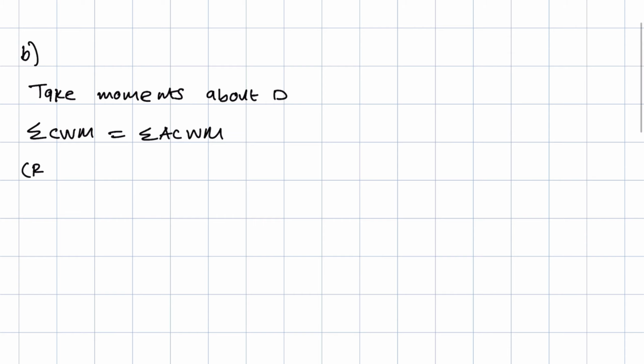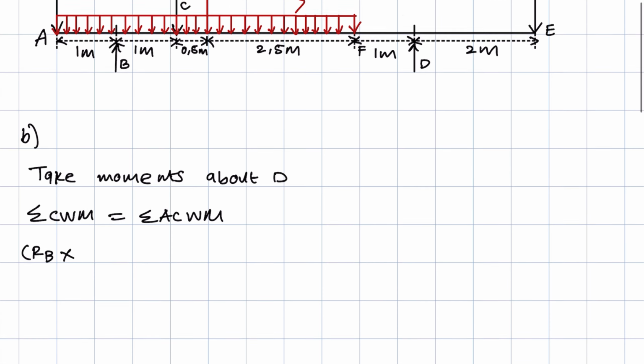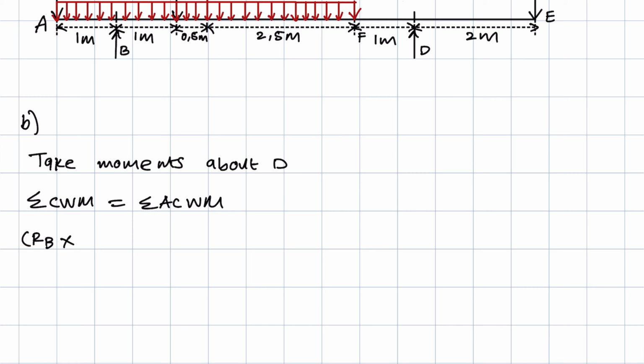Now for reaction B, remember we have to multiply the force with the perpendicular distance from where the force is to where we are taking moments. The distance between B and D is 5 meters, so RB times 5, plus the 40 times the distance between 40 and D, which is 2 meters, is equal to the anti-clockwise moments.